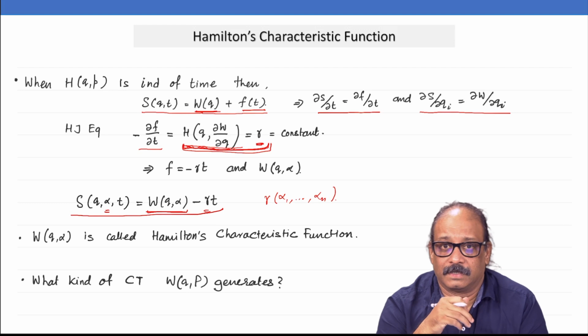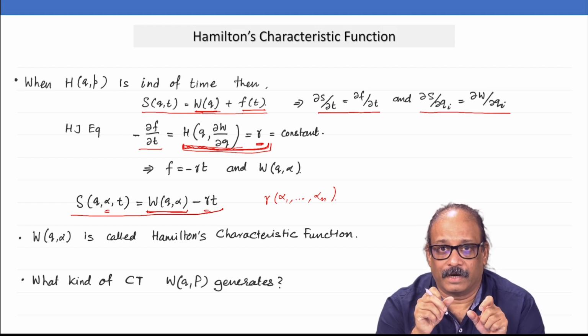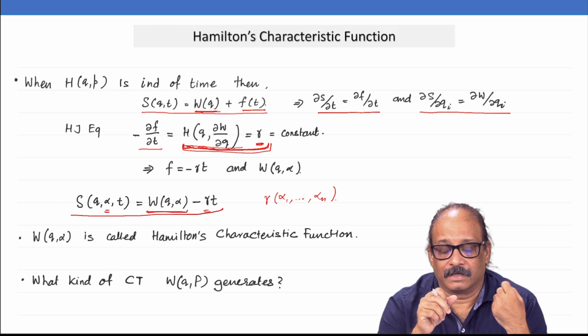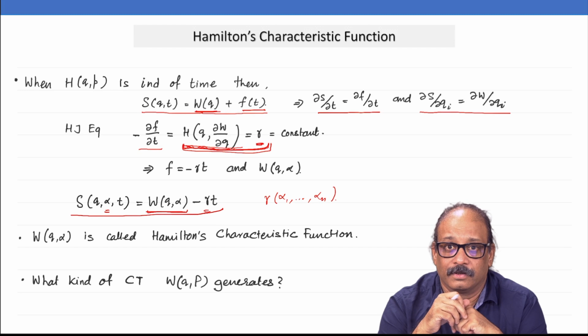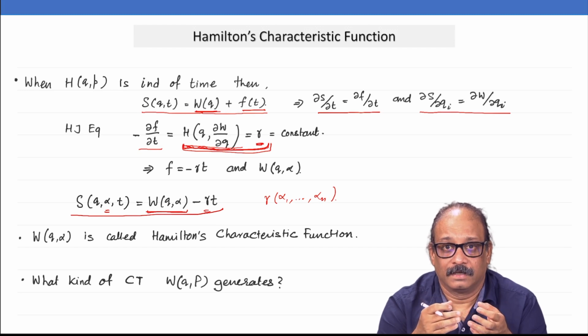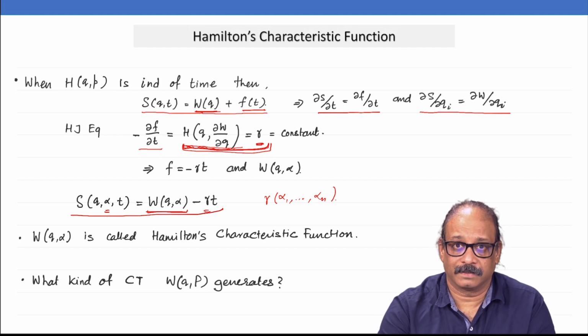As of now, W just appeared, because of variable separation, as a part of capital S, and capital S is a generator for some canonical transformation. What about W? W also has its own canonical transformation, which is useful in the case when the Hamiltonian is independent of time.